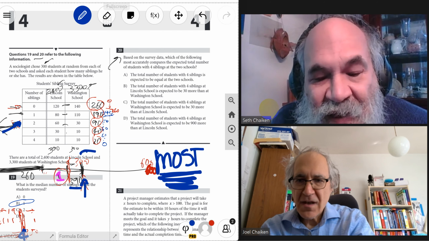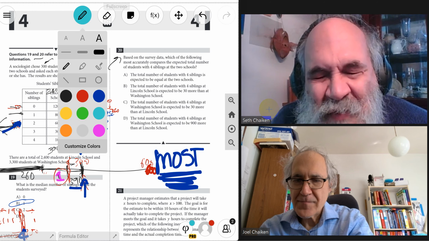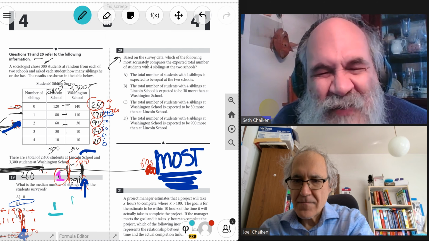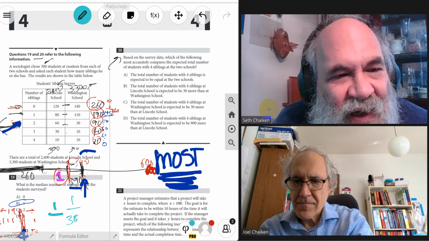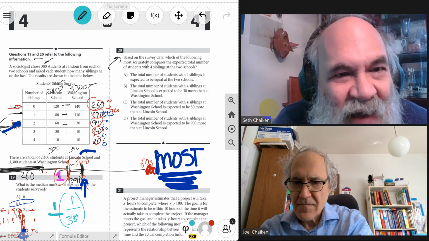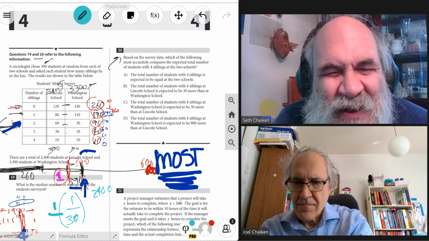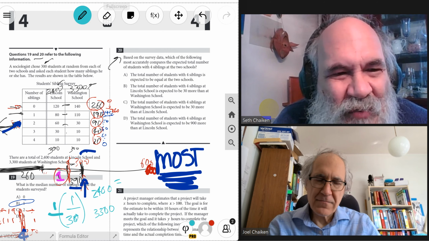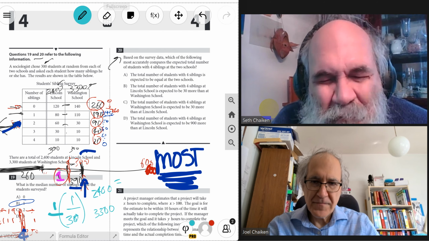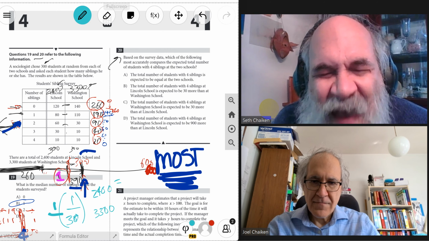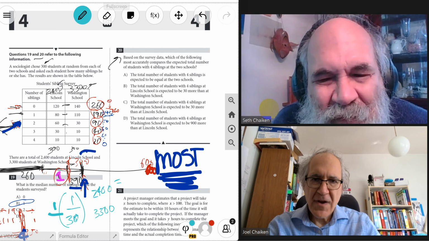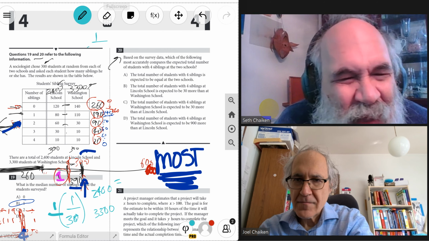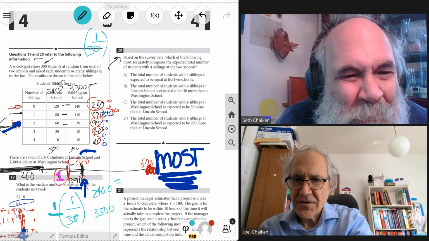And then once we find the estimated frequency, which could be called the probability that a student in Lincoln has 4 siblings, we multiply that probability by the total number of students in Lincoln to get the expected number of students at Lincoln with 4 siblings. And then we do the same thing with Washington.